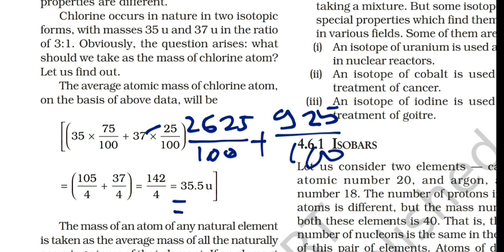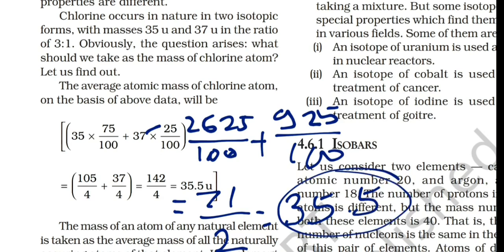If you simplify it, the answer becomes 71 divided by 2, which is 35.5.